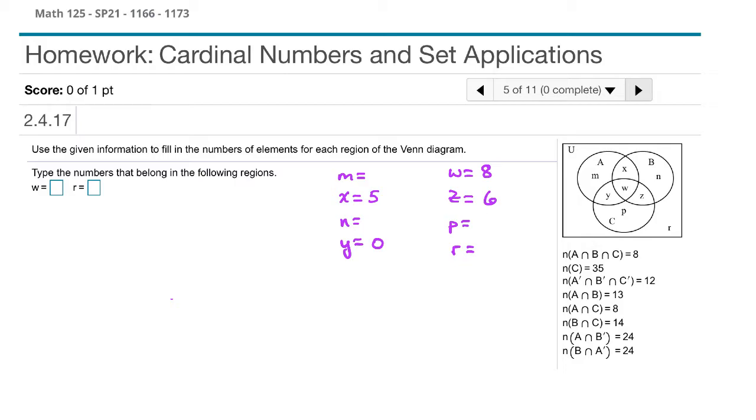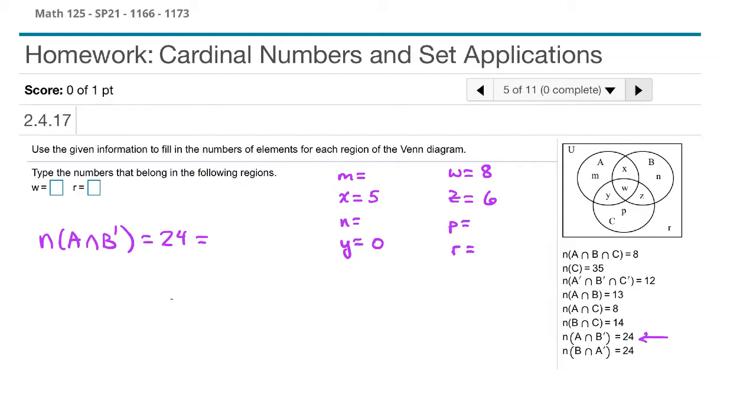Moving on down a little bit, we look at the cardinality of the intersection of A with B complement. The cardinality of A and B complement is given as 24. Which regions does this correspond to?